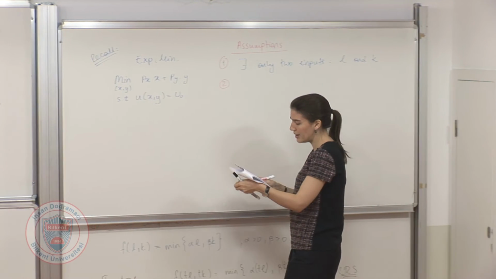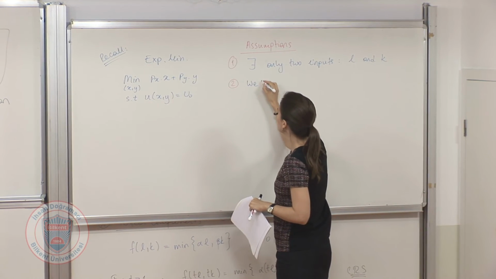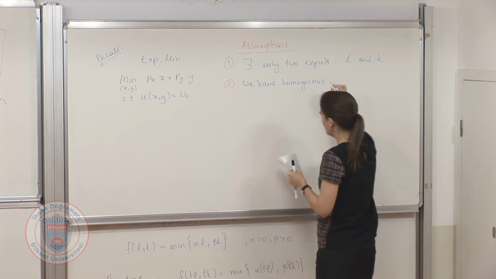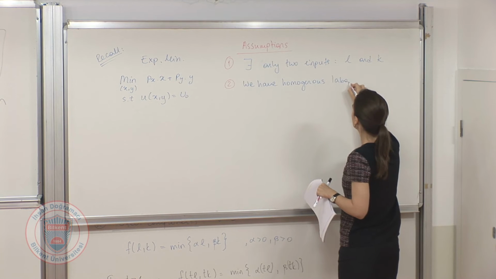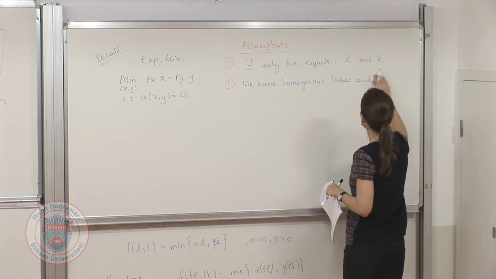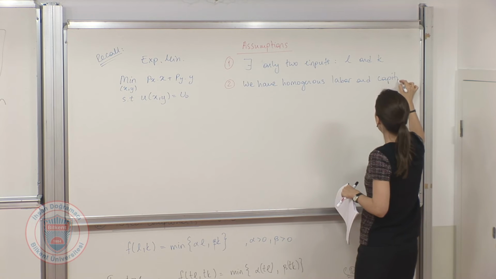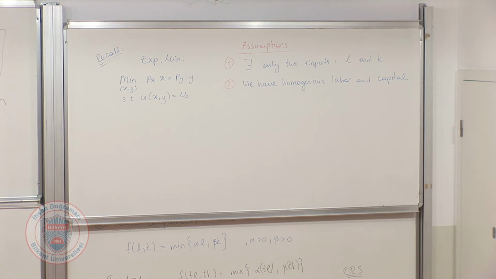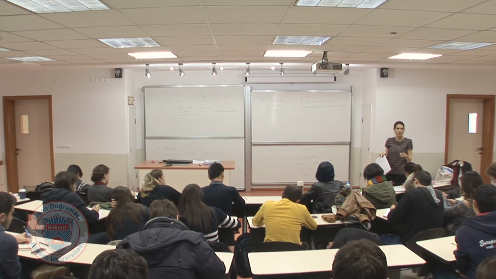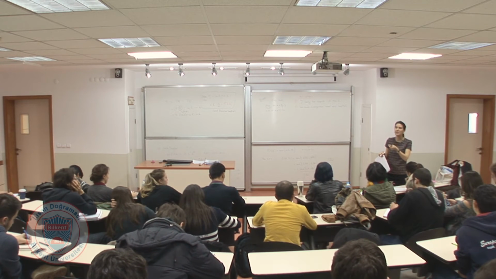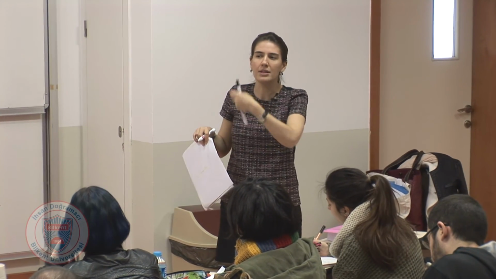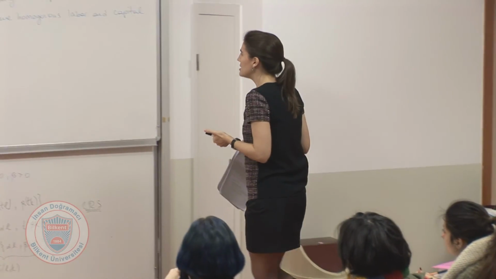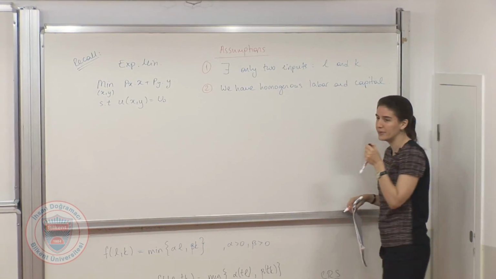So we said that we have homogeneous labor and capital. What does that mean? To make these variables continuous, you can, for instance, measure labor as labor hours, or measure capital as the hours that a machine is working.